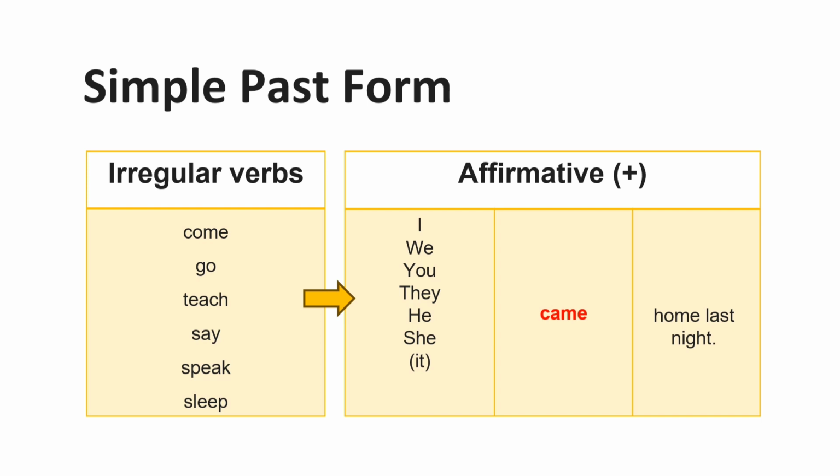And we have so many irregular verbs, and all you can do is memorize their past forms. There's no other way. So I came home last night, or they came home last night, he came home last night. And be careful. The verb in the past form is always the same for all subjects. For I, we, you, they, he, she, it, the simple past form is always the same.